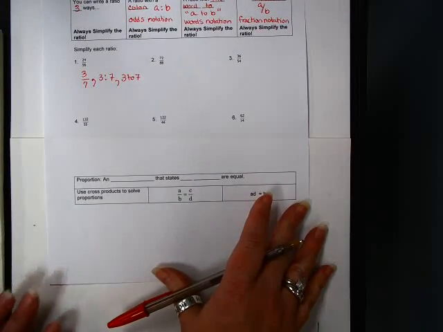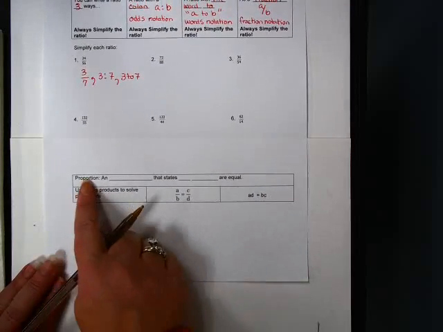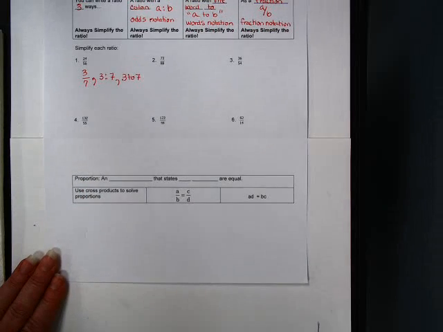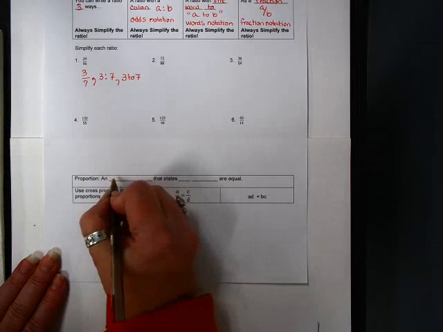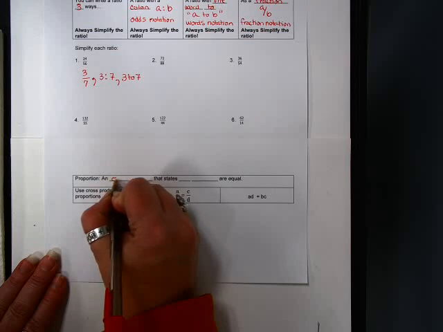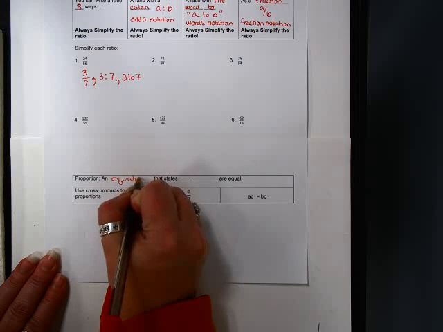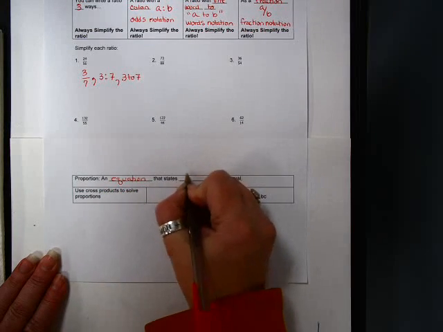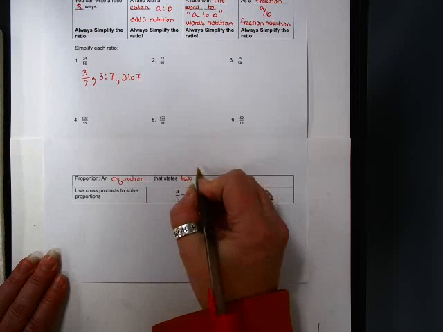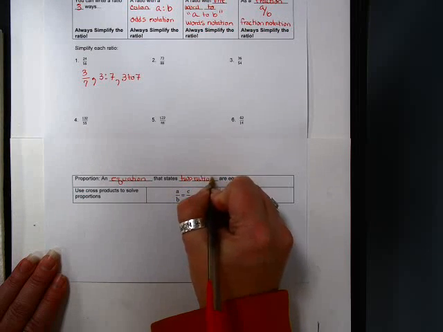Okay, in the next one, we have another vocab word, proportion. Proportion is an equation that states two ratios are equal.